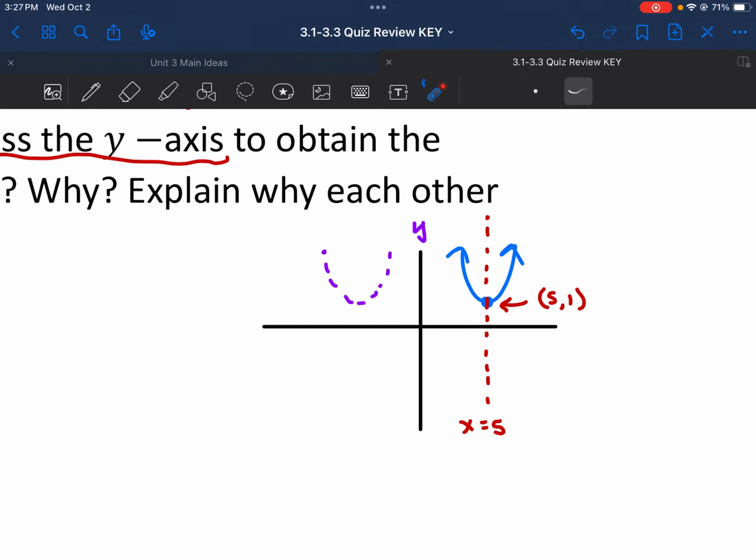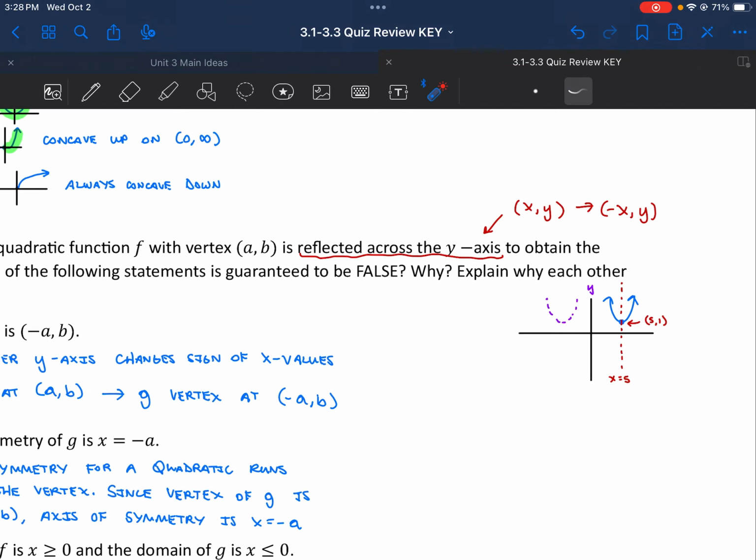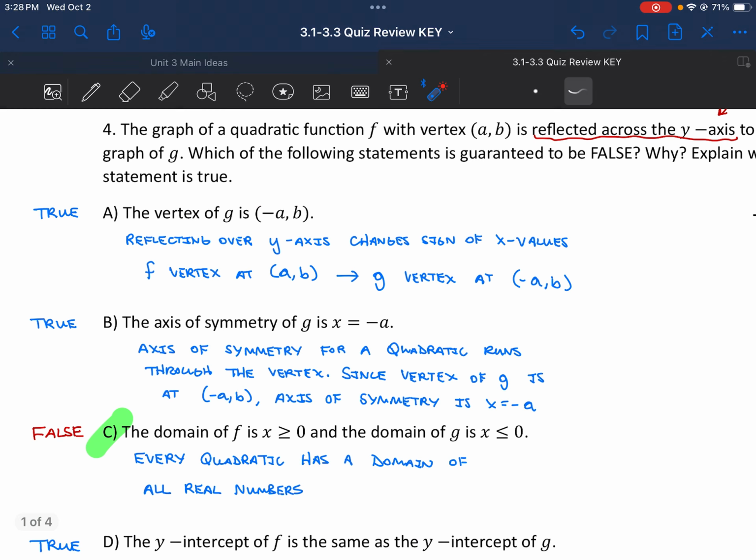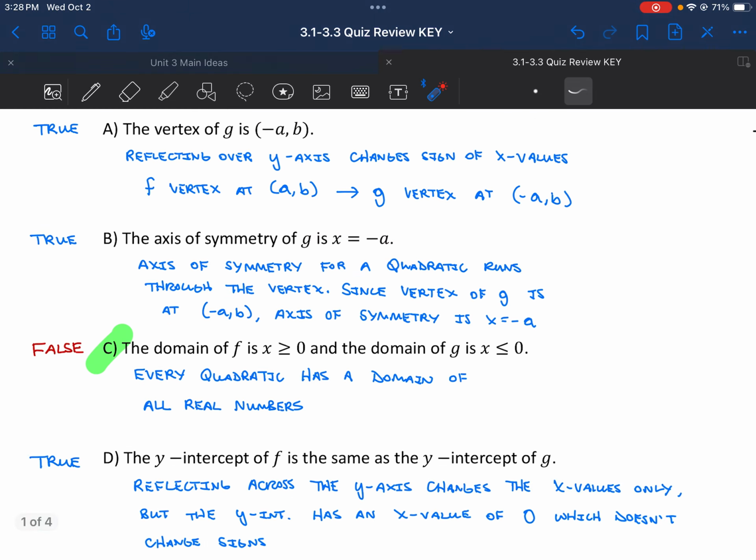So the axis of symmetry is x equals whatever the x value of your quadratic's vertex is. Okay? So since the new vertex of G is negative a comma b, we saw that from part A, the axis of symmetry for G is going to be x equals negative a.